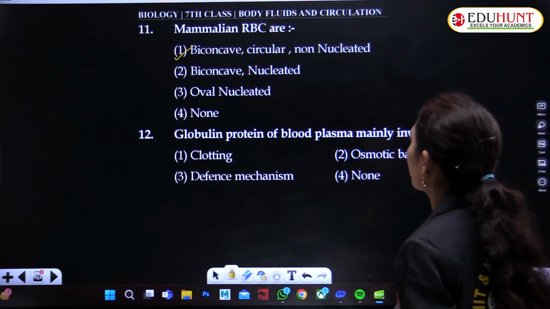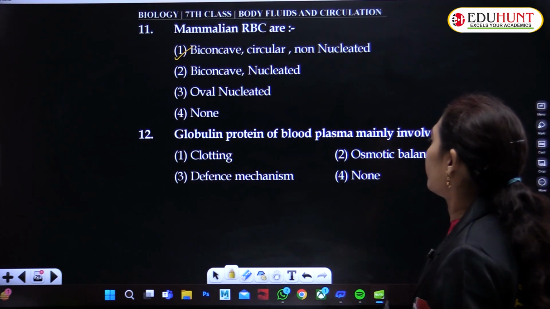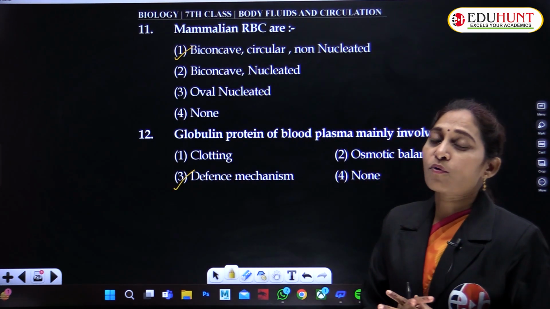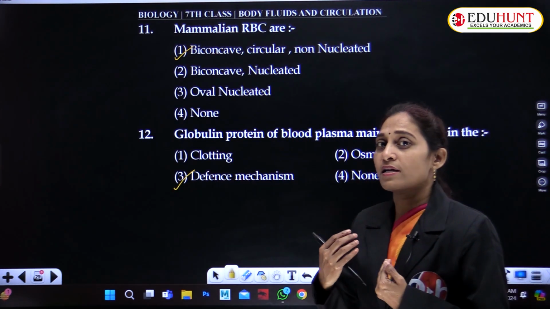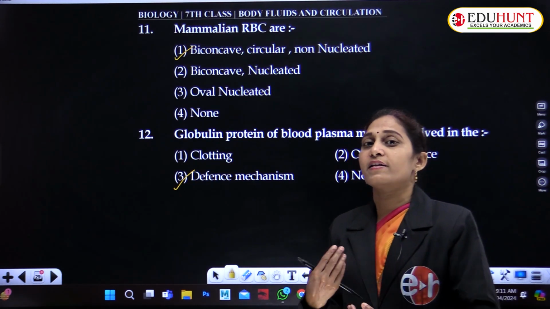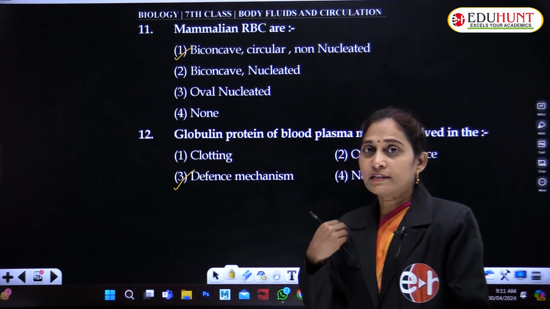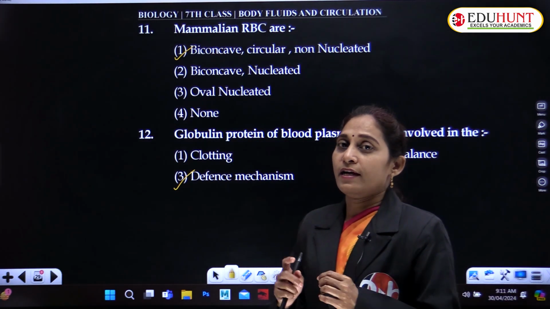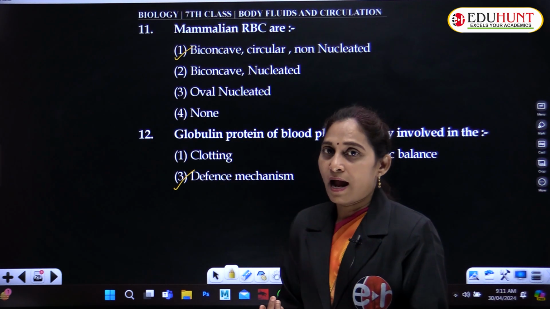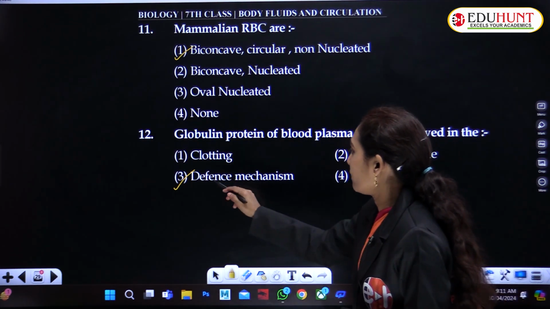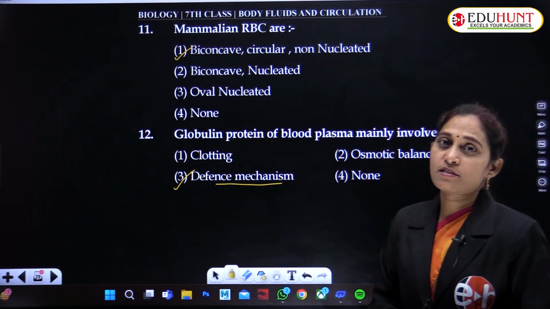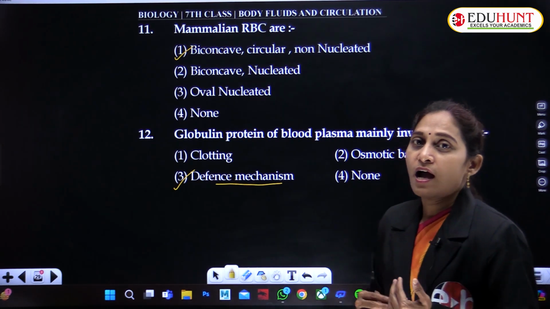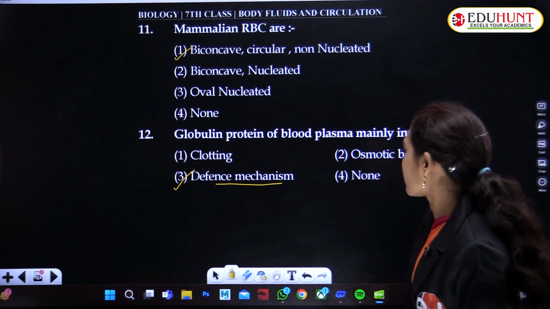So globulin protein of the blood is mainly involved in defense mechanism, because various globulin proteins offer protection against various antigens and foreign bodies that enter the organism, and they also produce antibodies. So defense mechanism in which antibodies are produced to fight against foreign objects.